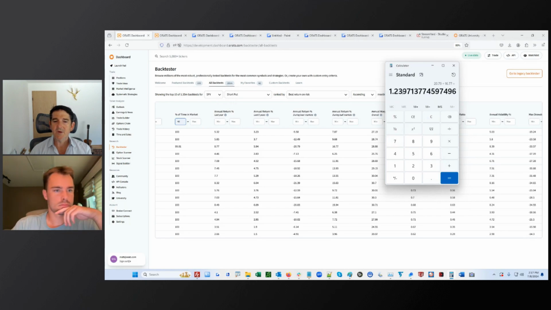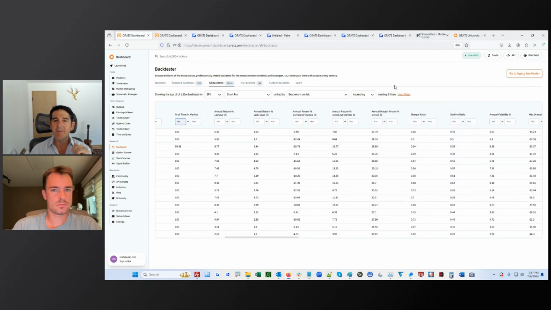That's 23. So those are all higher than the first one. So that's another type of reading that you could look at. So 21% is the ratio, basically, more of loss in the bear markets.